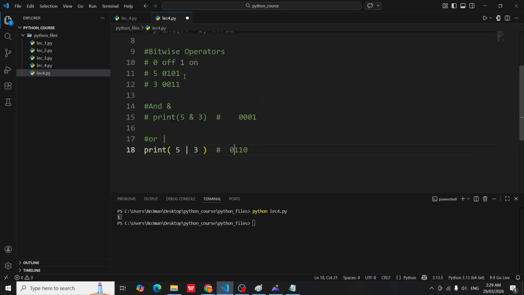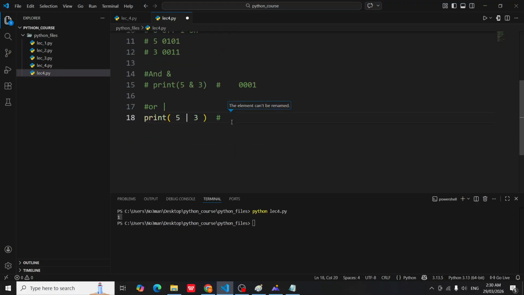So it compares the two binary numbers. Bitwise OR will compare the two binary numbers and put 1 if one of them is 1 or both are 1.